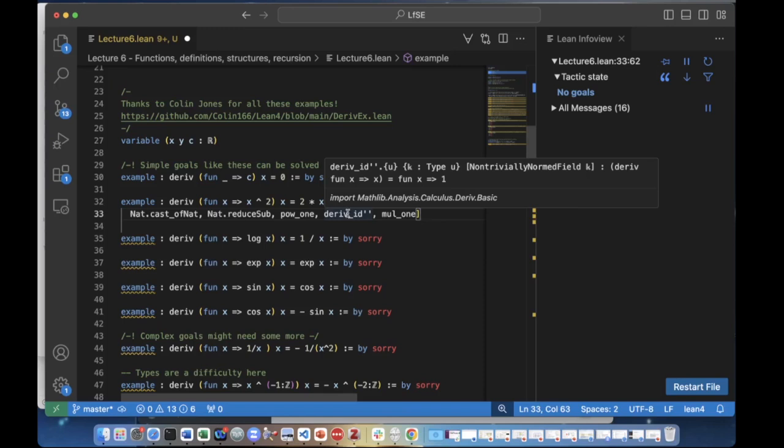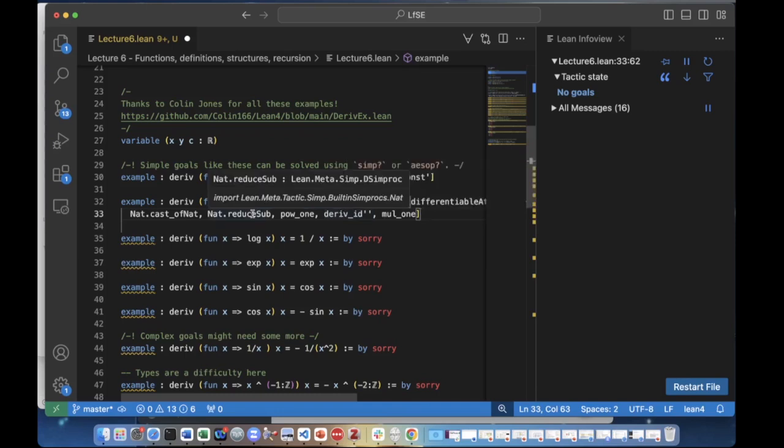This is the identity of the derivative. The derivative of f of x is equal to a function x implies 1. Well, it's just a trivial identity kind of relationship for differentiation.